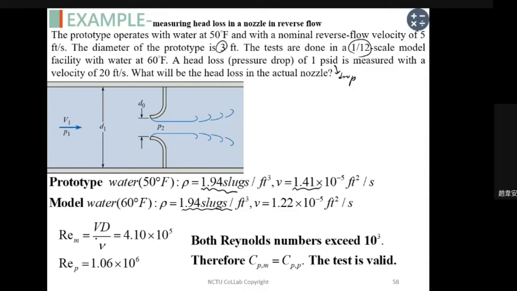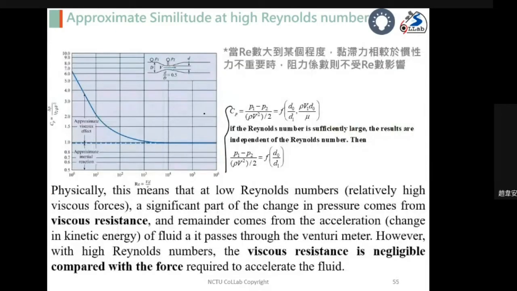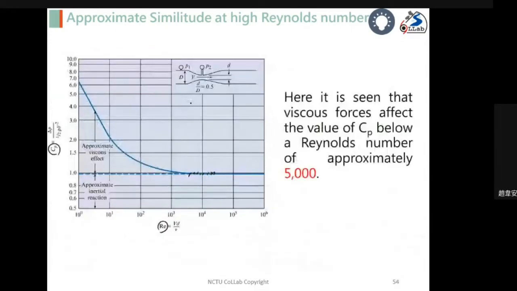So we actually calculate the Reynolds numbers for the model and the prototype individually. We see very clearly they are not the same. Please notice that the Reynolds number is high enough, larger than the certain threshold of 5,000 we are writing here.